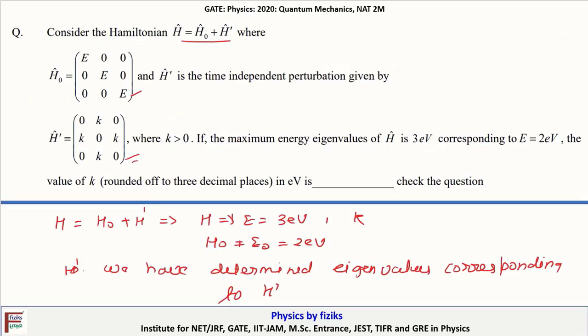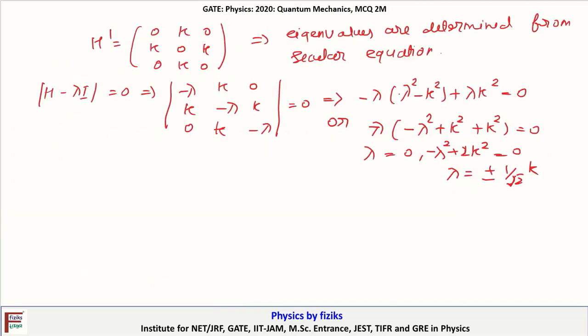Now, the maximum eigenvalue of H occurs only when H dash is having maximum energy.